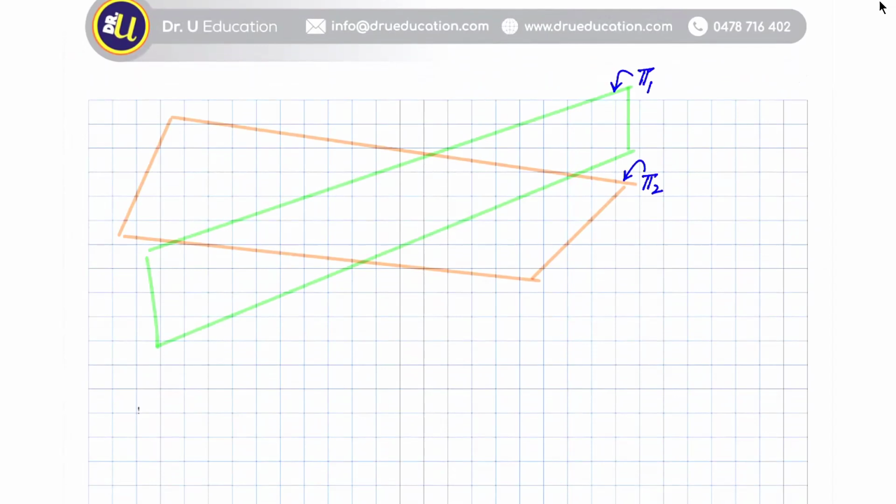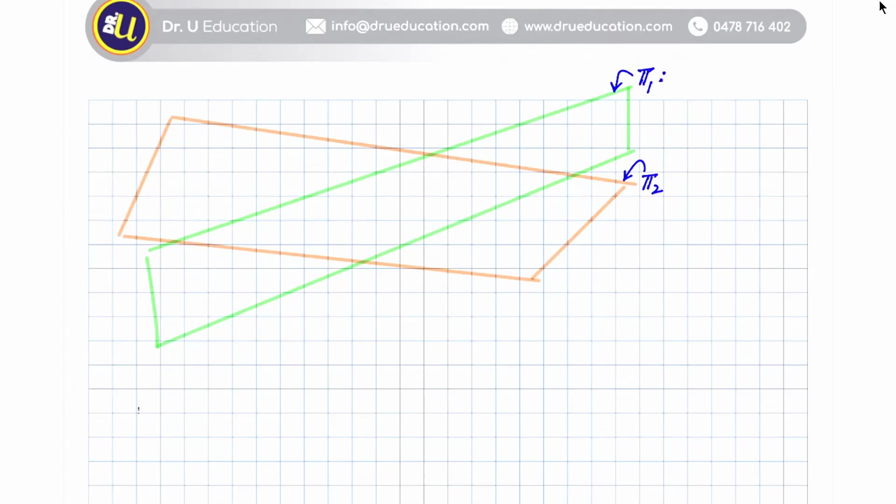So intersection between two planes. What does the intersection look like? Intersection is a line, right? Intersection is a line.